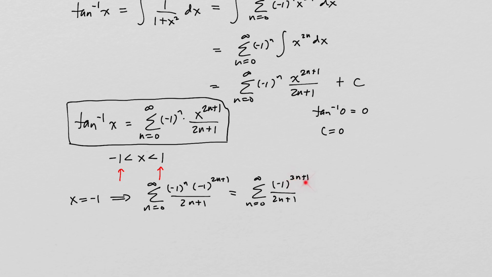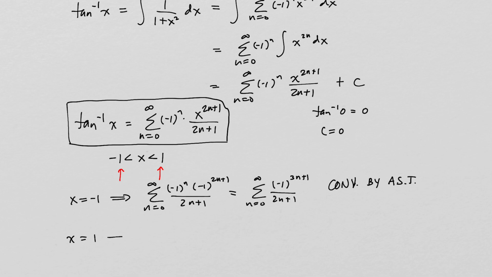And so when you add 1 to it, it's also going to alternate between even and odd. So believe it or not, this is an alternating series. And so it converges by the alternating series test. Now I'm not going to run the test here, but remember to run the alternating series test, you have to show that the terms 1 over 2n plus 1 are decreasing and also the limit goes to 0. And that's pretty easy to show here.